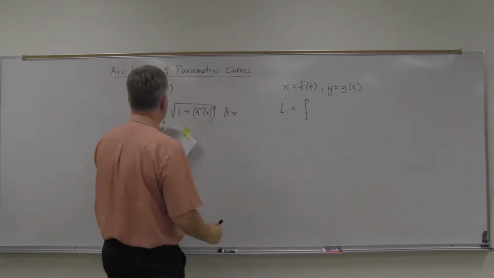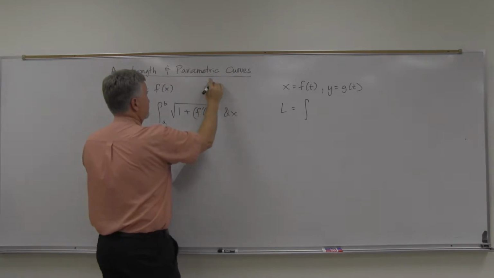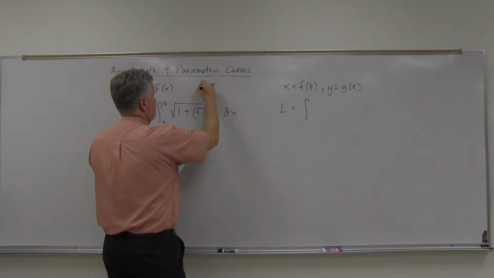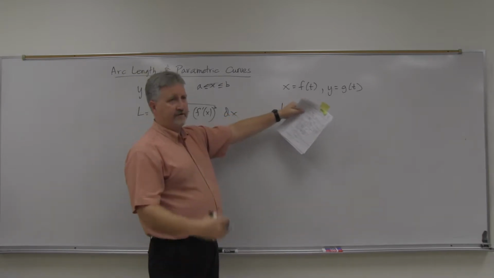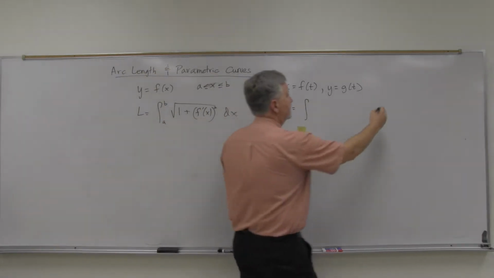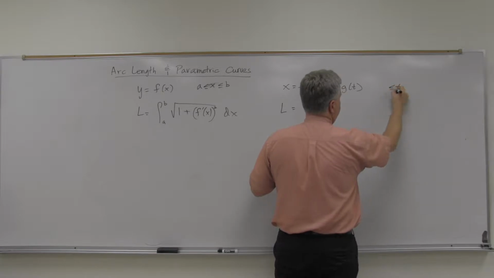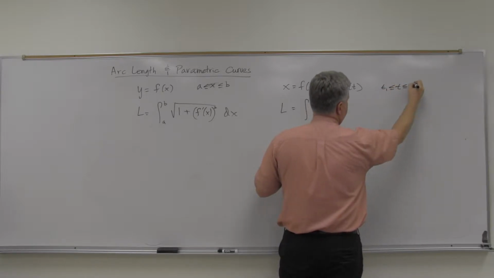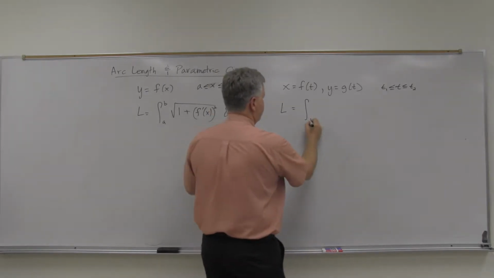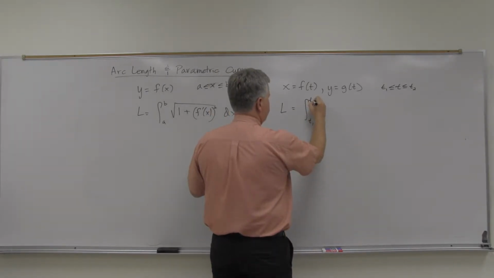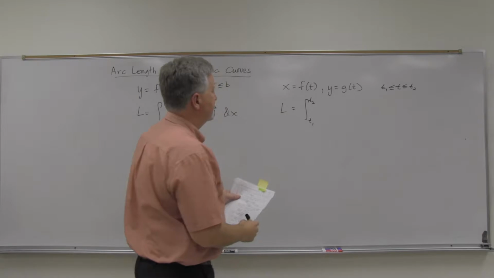First of all, that's for x between a and b. If we're going parametric, we're going to go t from t1 to t2, or alpha to beta, I think they sometimes use. So we do that. We are going to go with the parameter t here.